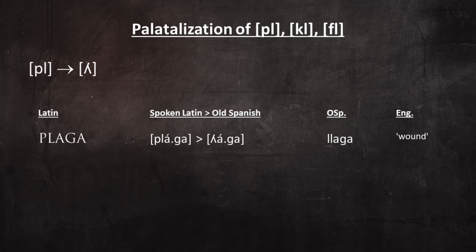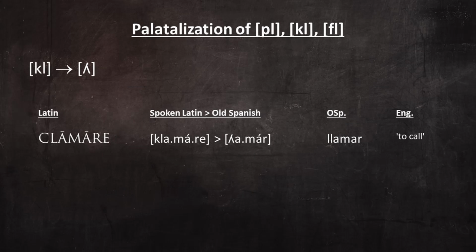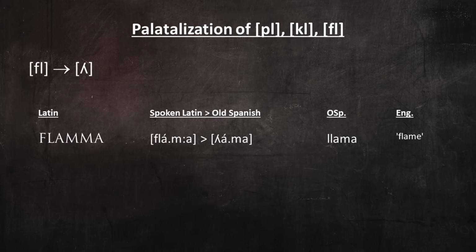So, plaga became llaga, plano became llano, and plecare became llegar. Clamare became llamar, glosa became llosa, and clave became llave. Also, flamma became llama.